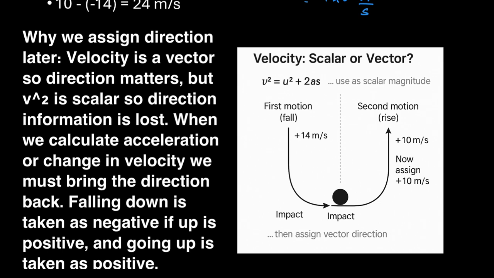So when the ball is moving downwards, before the impact, the velocity was... oh, there is a mistake here. My bad, sorry. This would be taken as velocity coming down, which we consider as velocity at B. VB would be taken as minus 14 meter per second. Okay. And when the ball is going up, it will be taken as VC is equal to plus 10 meter per second.